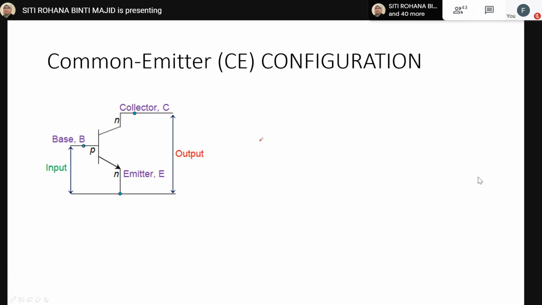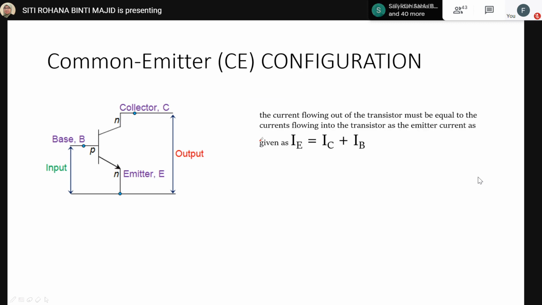For common emitter, the current still flows based on the principle of IE equals IC plus IB, and the base is the input terminal and the collector is the output terminal. The base will control the collector current.